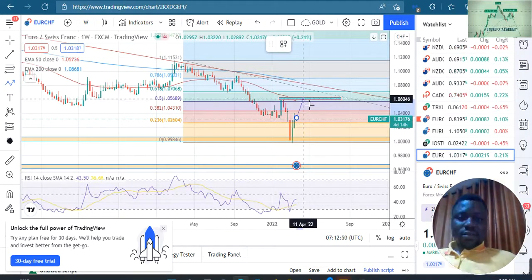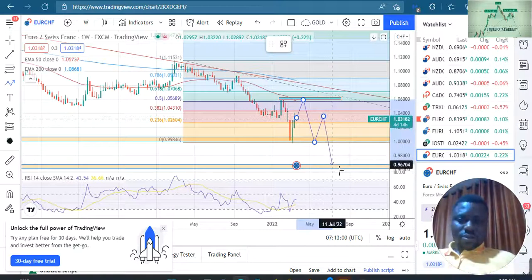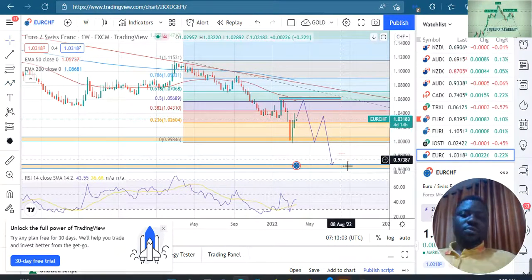After testing here, it dropped to this level, then turned a support to a resistance and dropped.